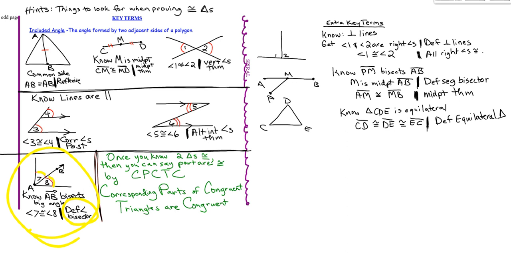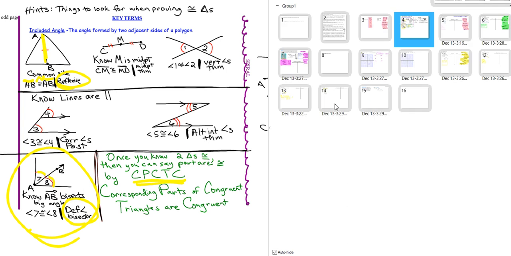And then we have a common side again on this picture. And so we can say segment AB is congruent to segment BC by reflexive, and that's going to be the common side. Just a note to self, since I'm looking at this page, I think we're going to use that CPCTC again as well. So let's kind of map out our plan here.